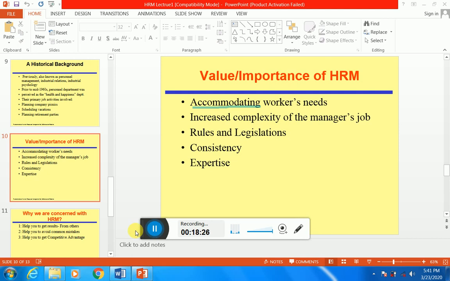The next factor is increased complexity of the manager's job. What does it mean? Simply stated, management has become an increasingly complex and demanding job for many reasons, including foreign competition, new technologies, expanding scientific information, and rapid changes as well.